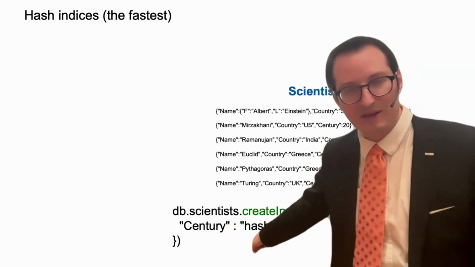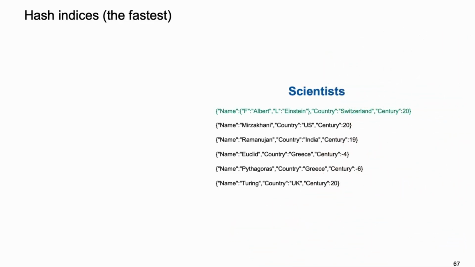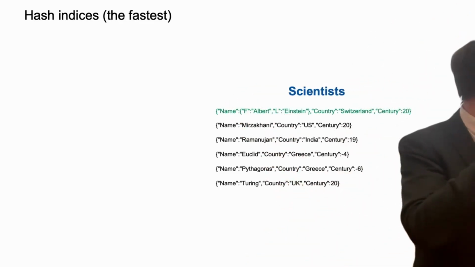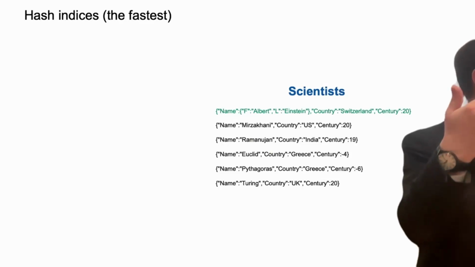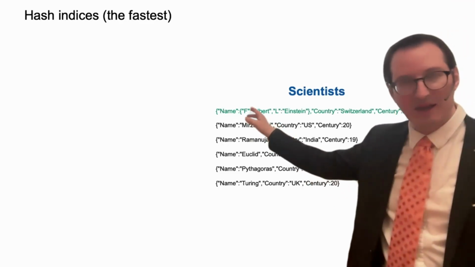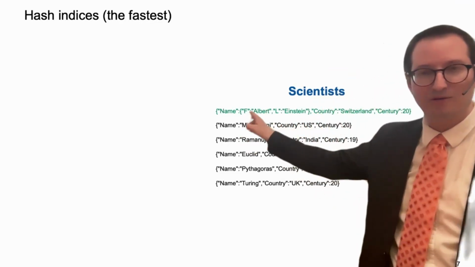So you say create index century hash, and then it's going to create the index structure. But what actually happens when you ask MongoDB to do that is that it's going to take the time to go through the collection. So it's going to take a while, right? If the collection is large, maybe it takes a few hours to do that. And then you can continue to use MongoDB, but it's just going to be slower during a couple of hours.